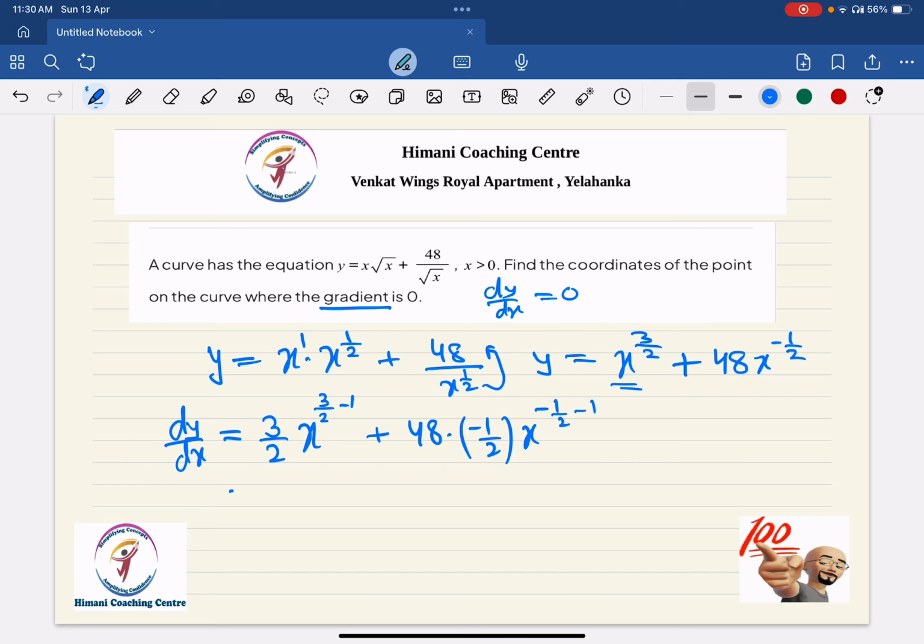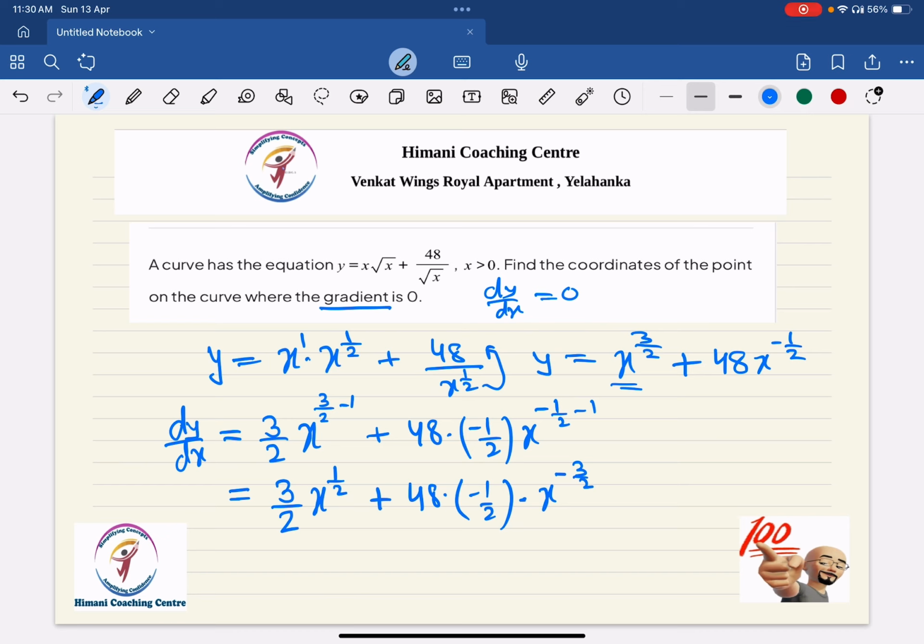Okay, so this is going to give us 3 by 2, x to the power 3 by 2 minus 1 is just x to the power half. So you just write that down, and plus now 48 into minus half, we will simplify in the next step, and x to the power minus 3 by 2. If you have minus 1 and minus half, you will get this.